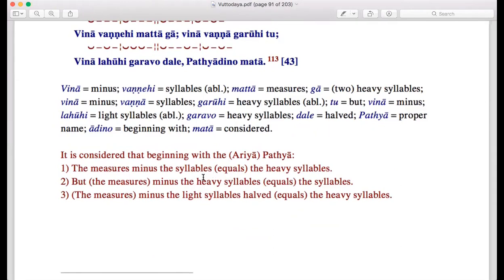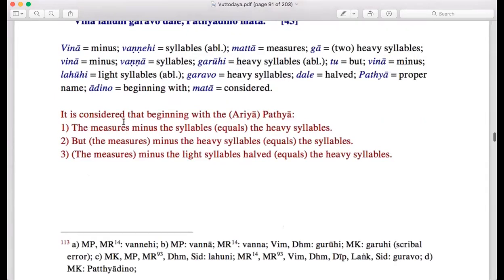So in a verse, if you know the measure count and the syllable count, you subtract syllables from measures, and then you will get the number of heavy syllables.